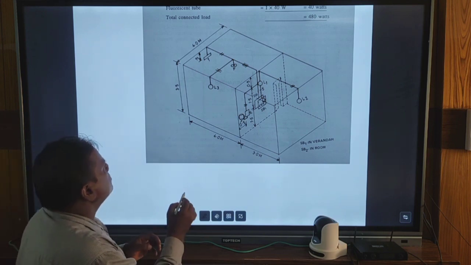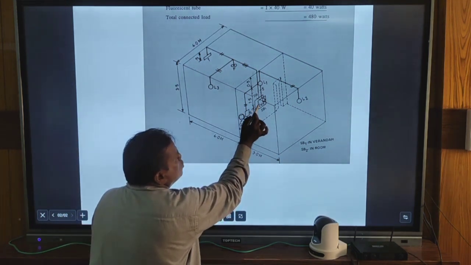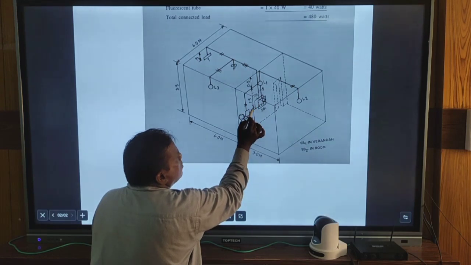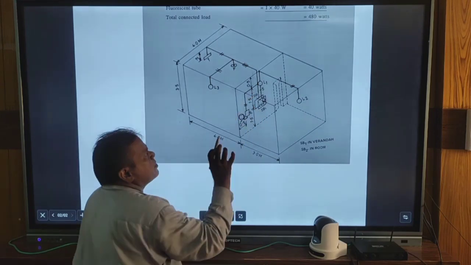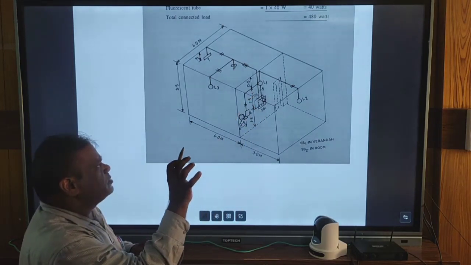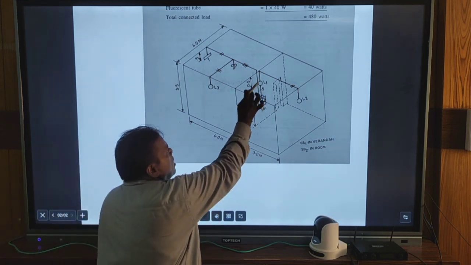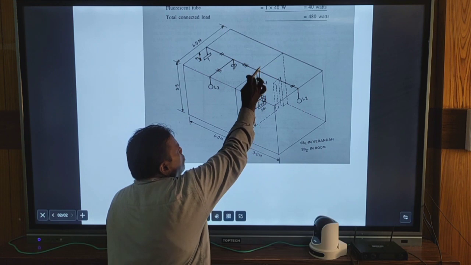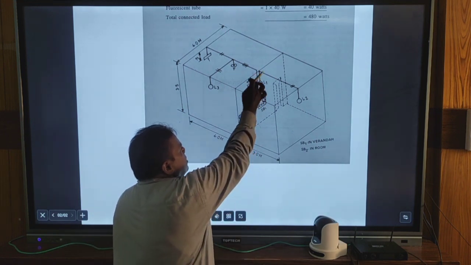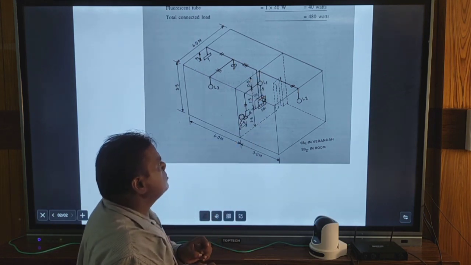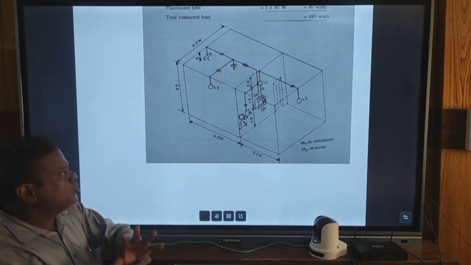We will take up to 1.5 meter, where we will install the switchboard, and from the switchboard, 1.5 meter towards the roof, we will take the conduit to the position of the light point, and from that point to the roof, it is 0.5 meter. So by this way, we will have 3.5 meter. So this is a split up of the height from the floor to the roof.